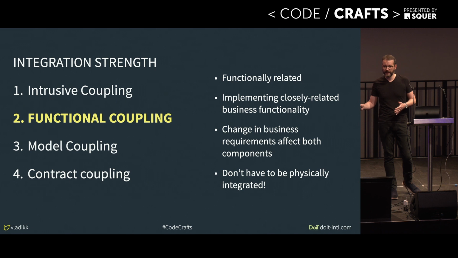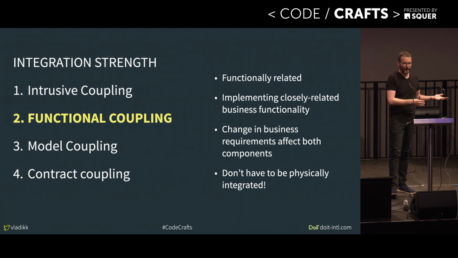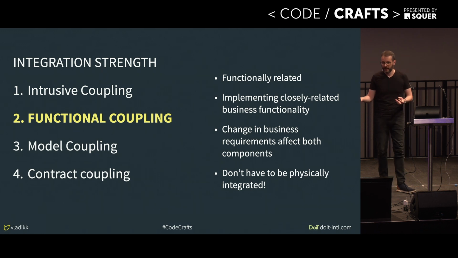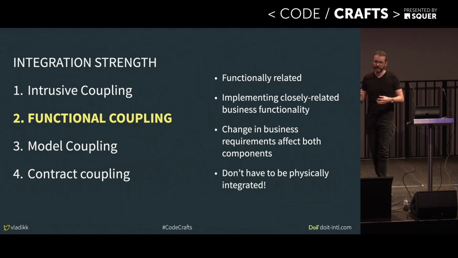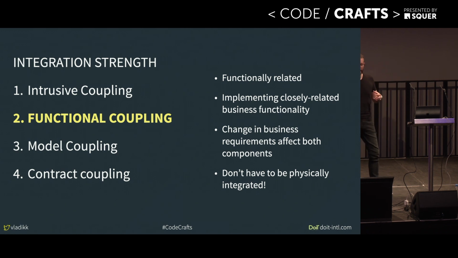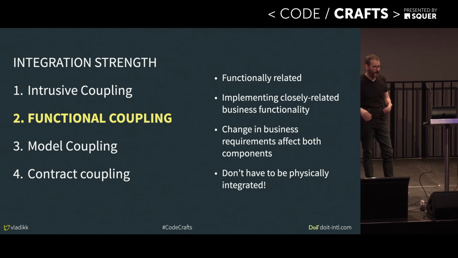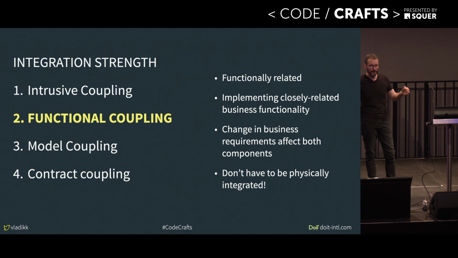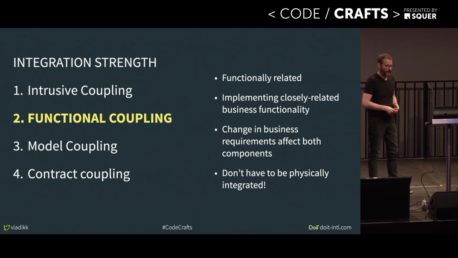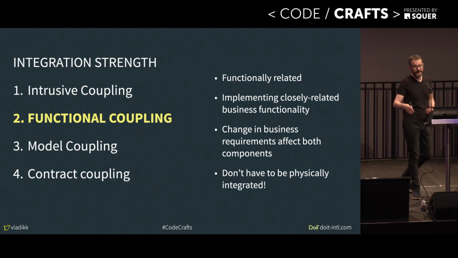An extreme example here would be two components duplicating the same business rule or the same business algorithm. If that algorithm changes, they have to change together. And to make this even more implicit, they don't really have to be connected. They can be completely independent components of a system, no physical connection between them, but still they have to change together. So that's quite high on this scale.